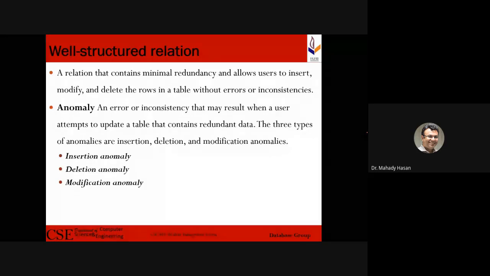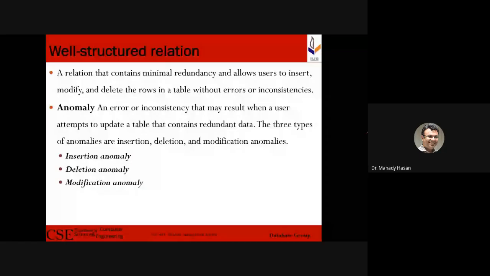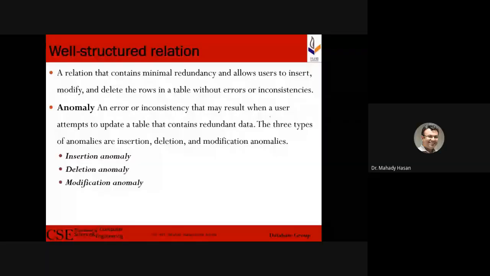As you have seen, a cascade constraint could be enforced on the database. That might be some sort of constraint that we can enforce so that these anomalies may not arise, and in case the anomalies arise, then we have to solve them one by one. Okay.